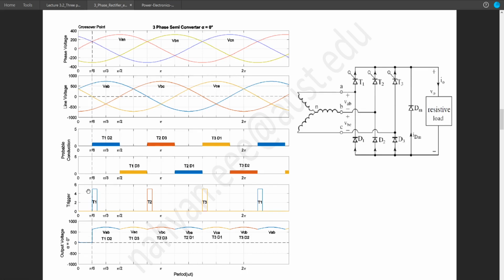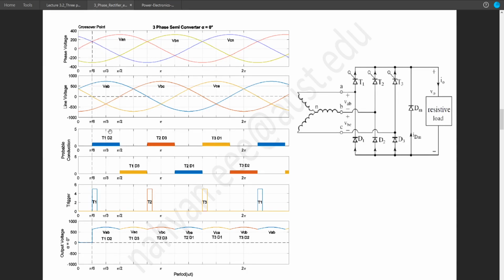If we trigger T1 at this crossover point, at alpha equals 0 with respect to the crossover point, T1 will turn on and D2 will be automatically turned on due to the lowest voltage at point B. If we get back to our phase voltage diagram, this point of VBN is indeed the lowest voltage among all other voltages.